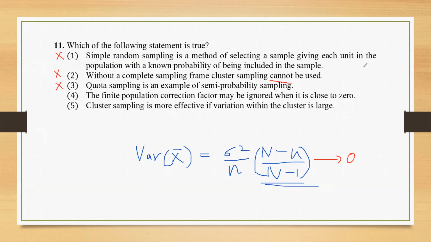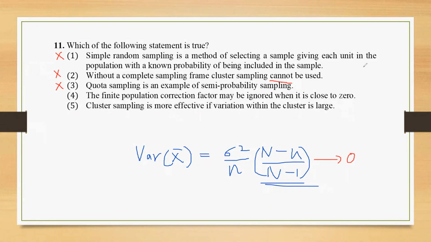So in that kind of situation, can we ignore the factor? Our objective is to reduce the variance of x bar. And the finite population correction factor in this case is close to zero.